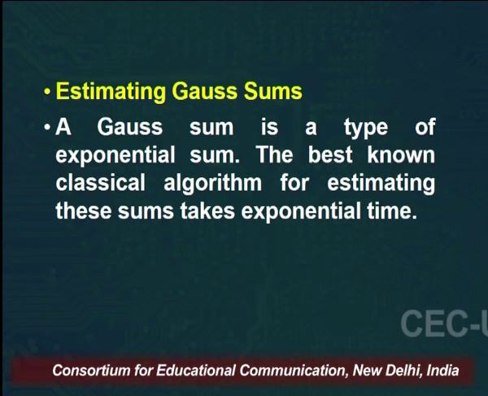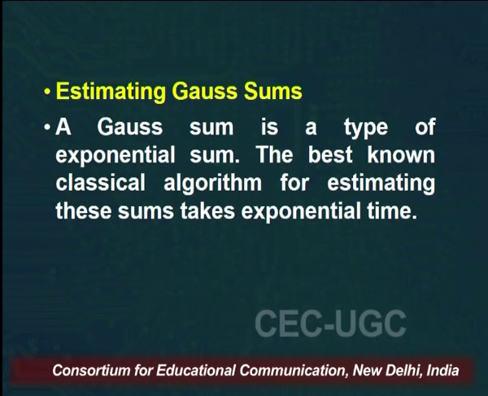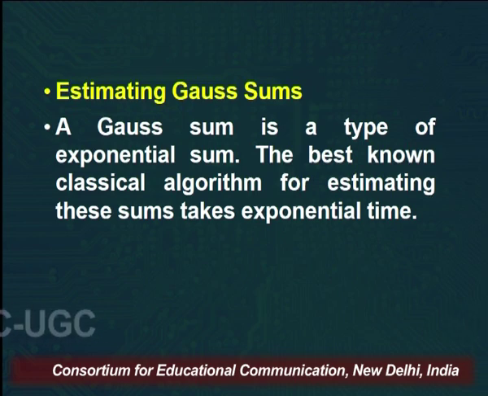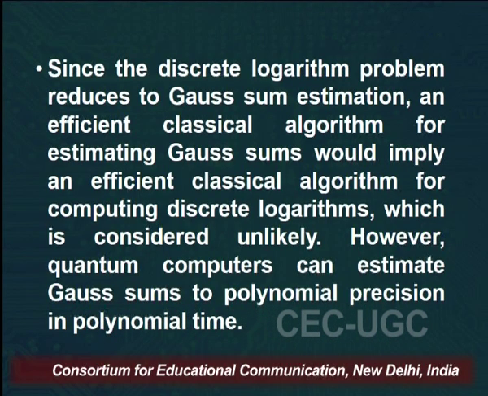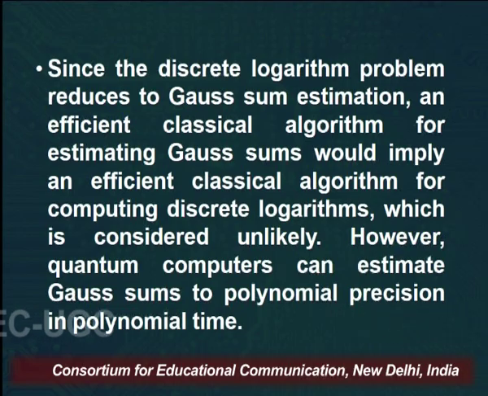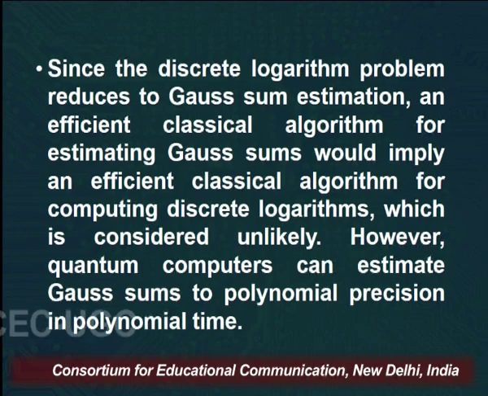Another is estimating the Gauss sums. Gauss sums are a type of exponential sum that can be estimated by a quantum algorithm. The best known classical algorithm for estimating these sums takes exponential time. Since the discrete logarithm problem reduces to Gauss sum estimation, an efficient classical algorithm for estimating Gauss sums would imply an efficient classical algorithm for computing the discrete logarithm, which is considered unlikely.